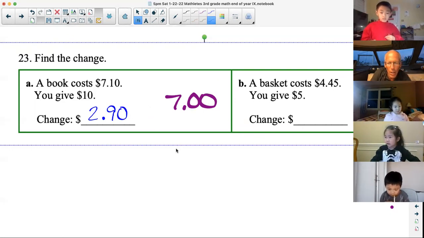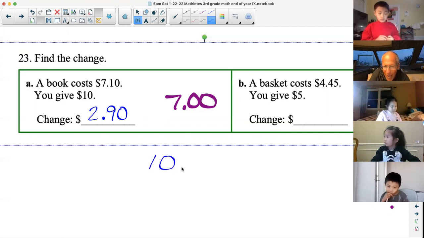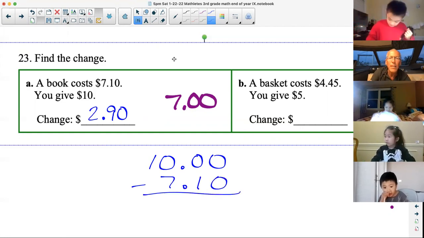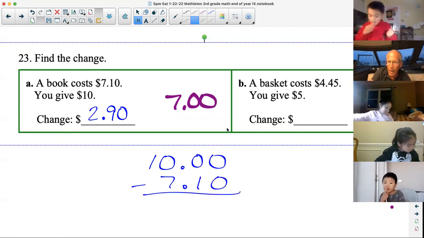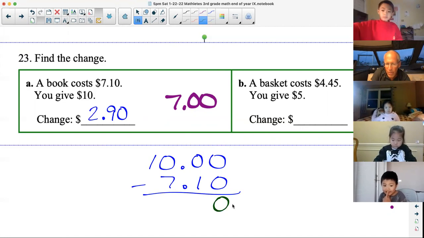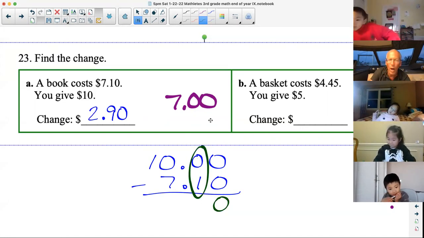Now, Jason F., look at me in the eye, please. Jason F., you gotta look at me, buddy. If you pay with $10 and you take away $7.10, let's do the subtraction, everybody. Are you ready? Jason B., Stella, you ready? 0 minus 0 is 0. 0 is too small for 1.